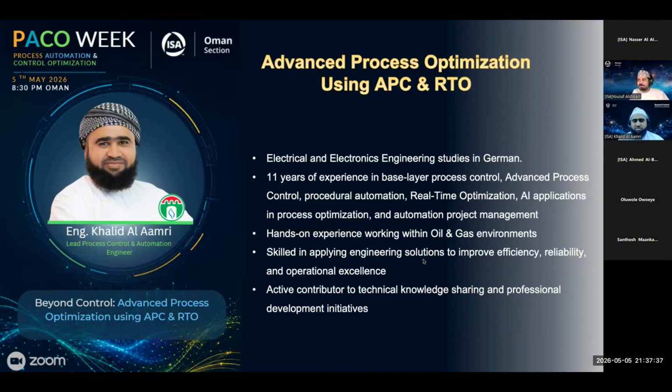If you are operating away from your constraint and you are missing economical benefits, go and implement an advanced process control. Then once you have tuned your advanced process control, you go to the second step, which is RTO. And on top of RTO, if you want to stick an AI model that can give you additional benefits, go and do that.